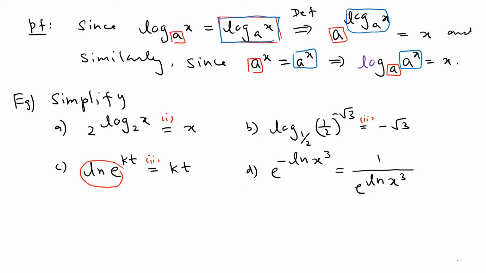Now you can see this is property number 1, so it cancels. That means this is simply 1 over x cubed, which, if you bring it up, is x to the negative 3.